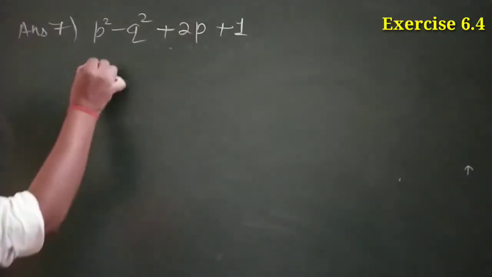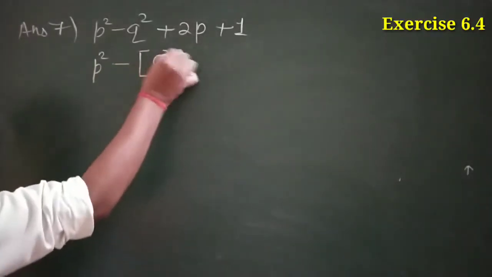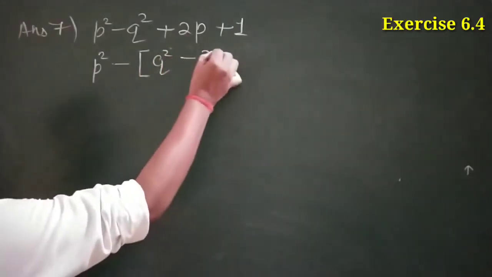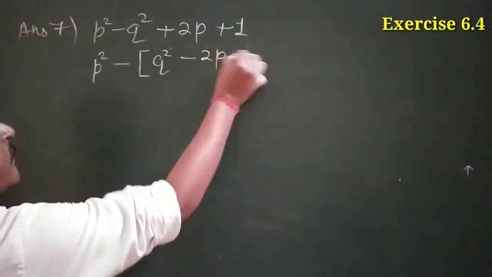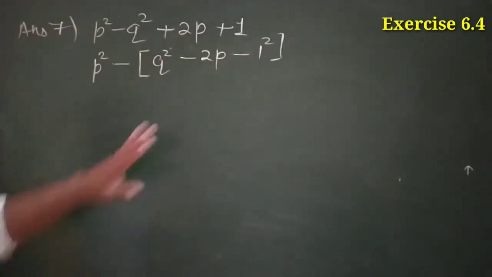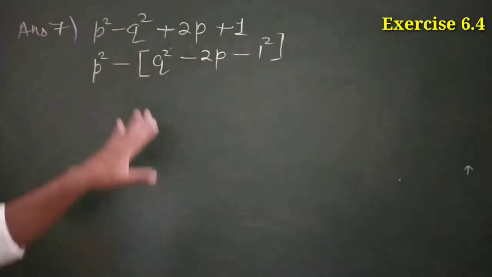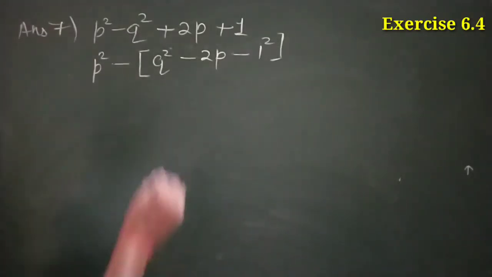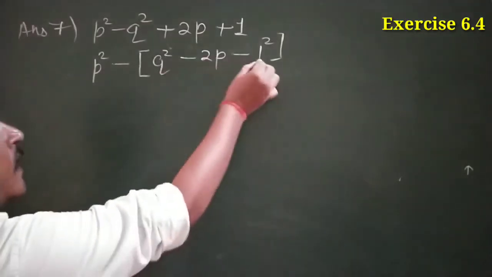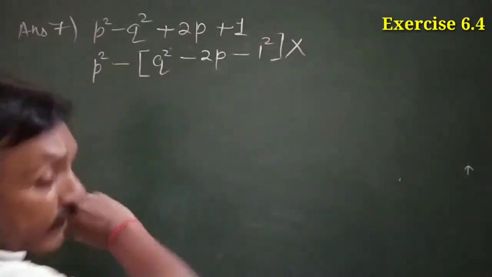One thing we can do is take it like this: q square minus (2p minus 1) square. Just think about it. I don't think it will be useful in this way, because it will not be able to get converted into a square minus b square. So this plan has failed.